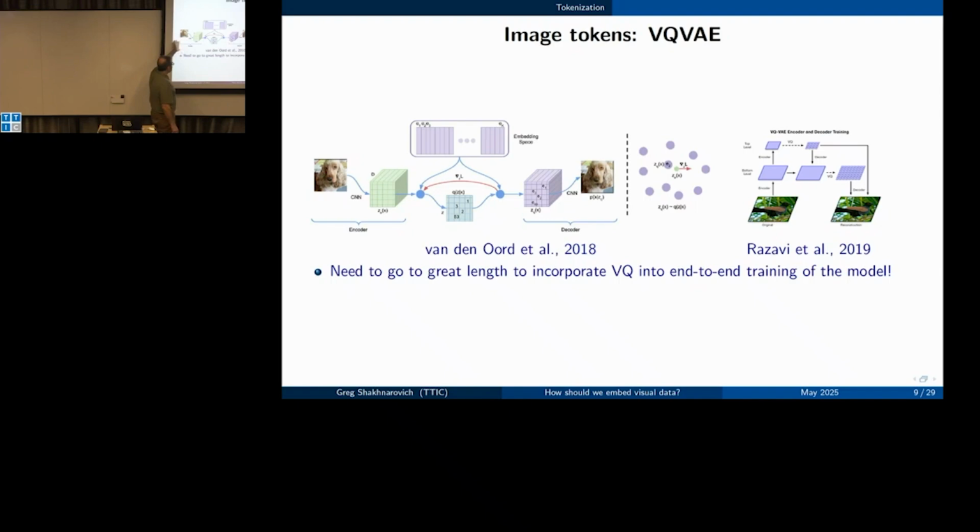So the idea here is that you have some kind of encoder which takes image patches and embeds them into vectors. Those vectors are snapped, using a codebook, to discrete tokens. And then those tokens are expanded back into real valued vectors, but now, let's say your codebook size is 4,000, you can only have 4,000 different real valued vectors.